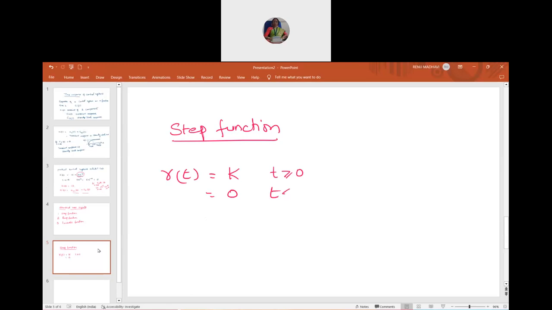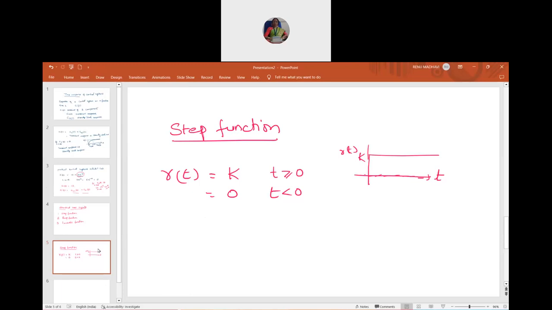I say that this is t and this is r of t. So r of t will be having a value of k for t greater than or equal to 0 and it is equal to 0 for t less than 0. This is the step.